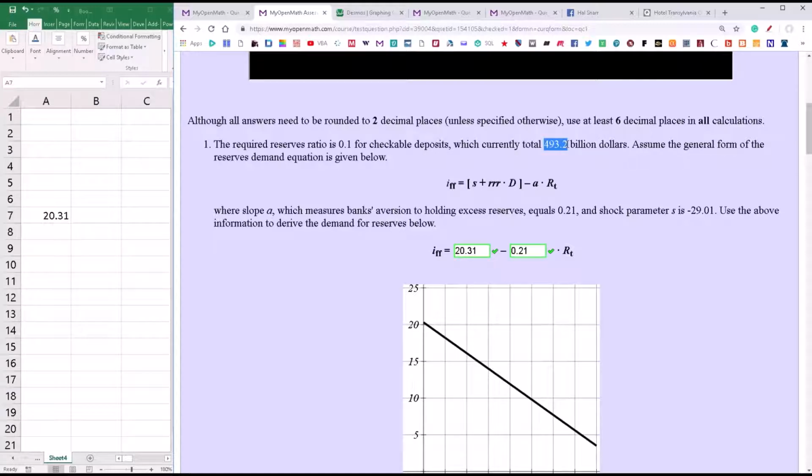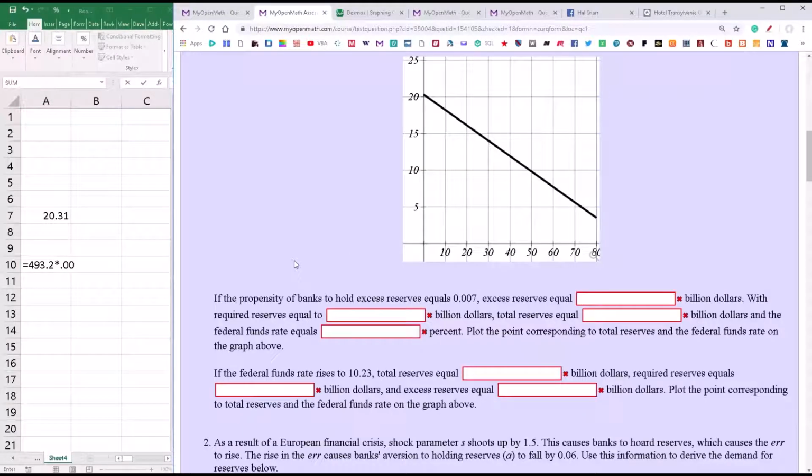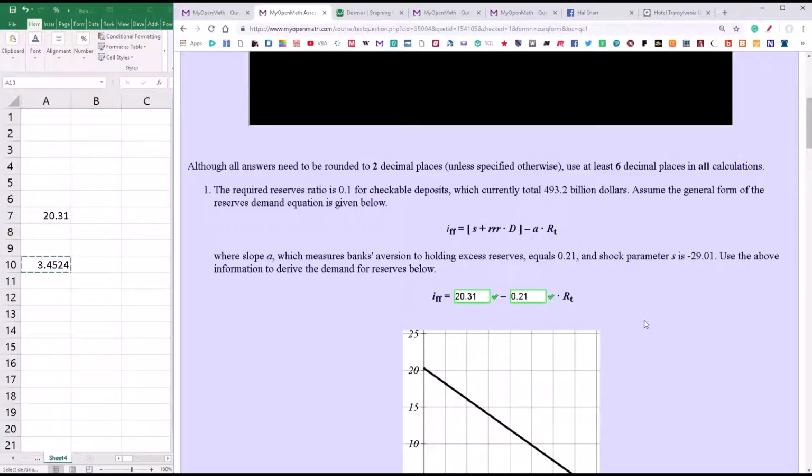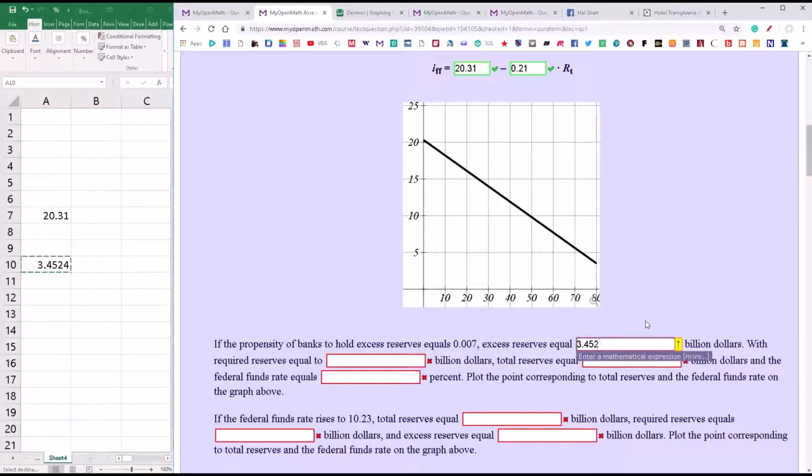So 493.2 times the excess reserves ratio, and it was 0.007. So excess reserves only equals 3.45 here, and I think 2 decimal places is fine. So we'll just set it equal to 3.45.